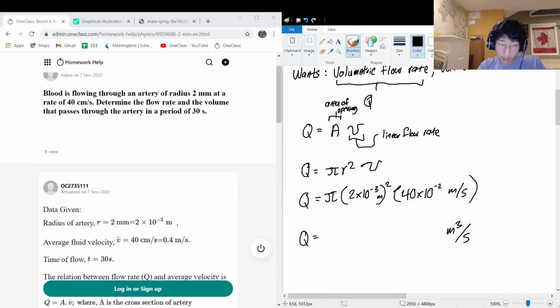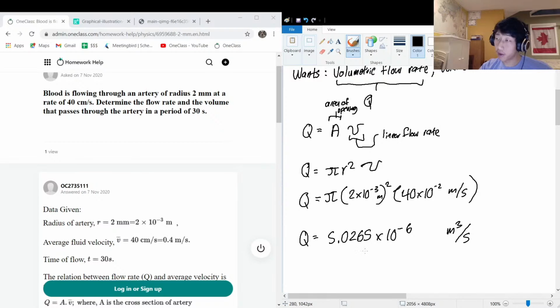What do we get from that? We get 5.0265 times 10 to the negative 6, and since we converted everything into base SI, it should be cubic meters per second.